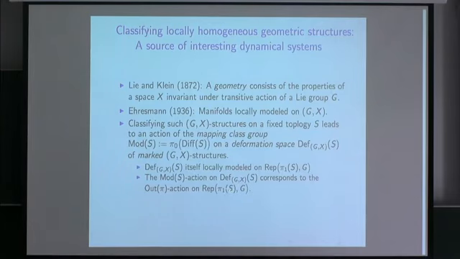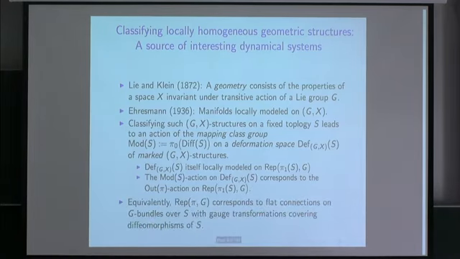In the case when S is a compact surface with non-empty boundary, then the fundamental group will be free, and this corresponds to very interesting actions of outer automorphisms of free groups on the character varieties into G. So the second half of the talk will describe that in some detail.